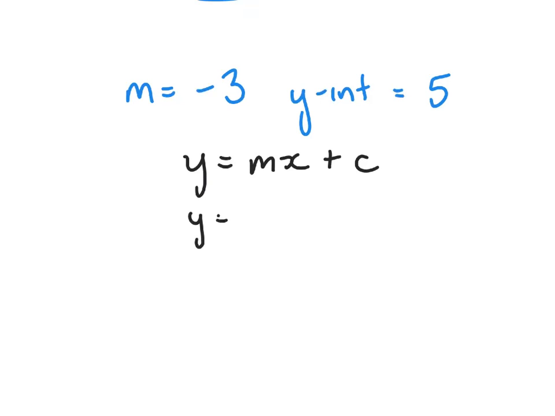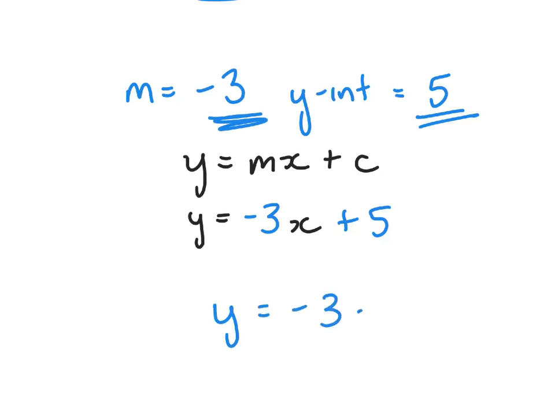I get y equals, the gradient is negative 3, so negative 3x, and my y-intercept is 5, or positive 5. So the equation of the line is y equals negative 3x plus 5.